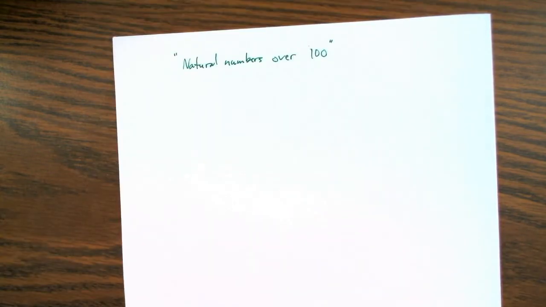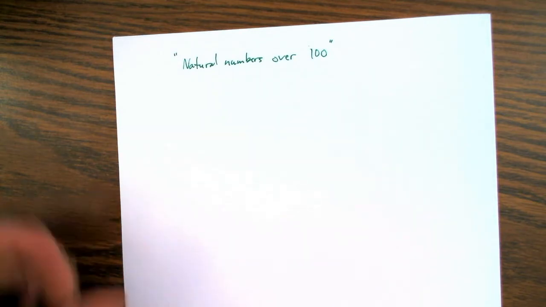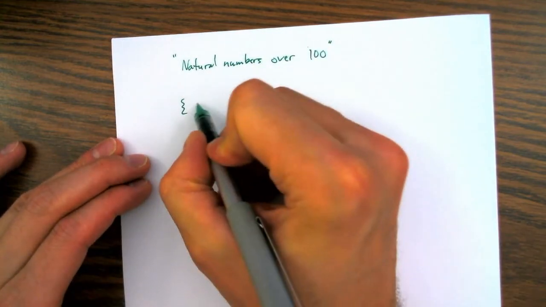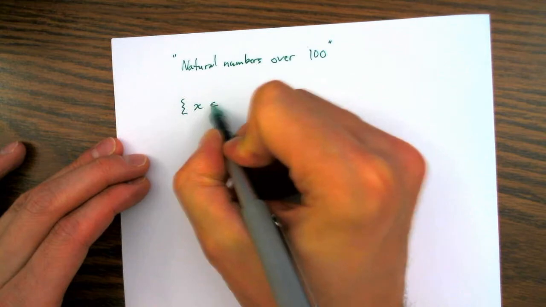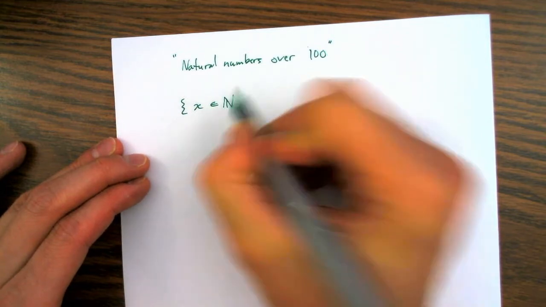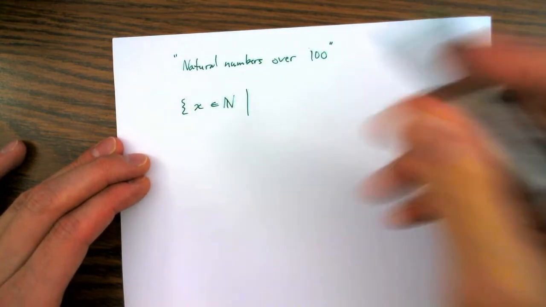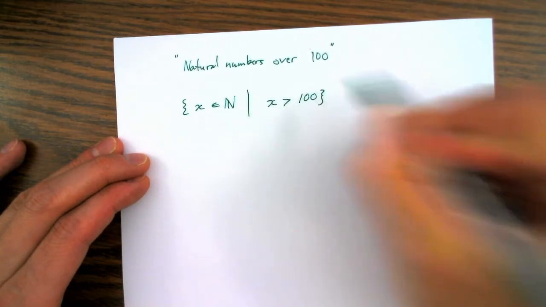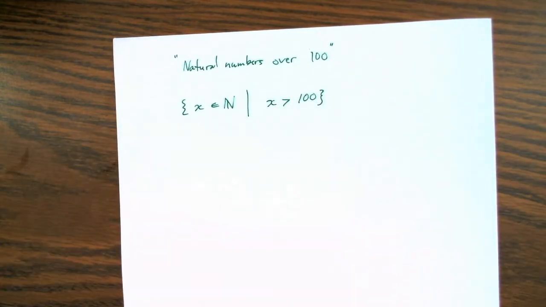So let's say I want to describe the set of natural numbers that are over 100. I've written it there in English. I want to use math notation. So what I can say is x values that are part of the natural numbers where x is greater than 100. So I'm describing a set here.